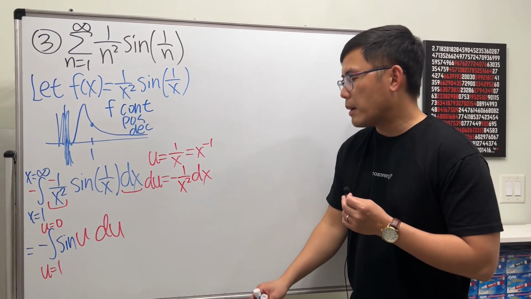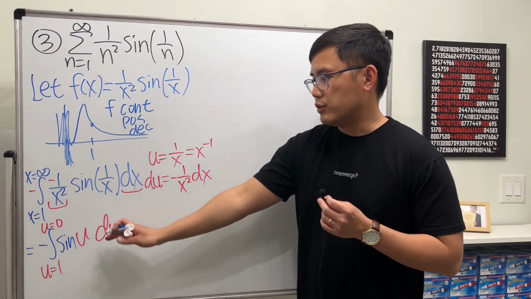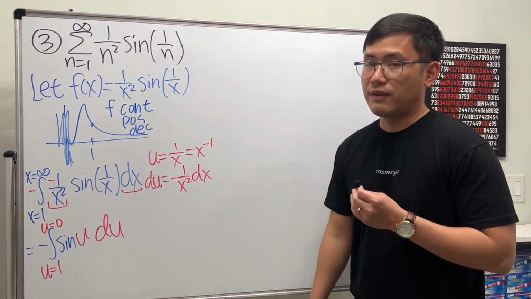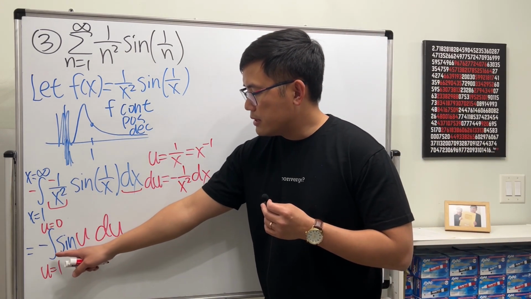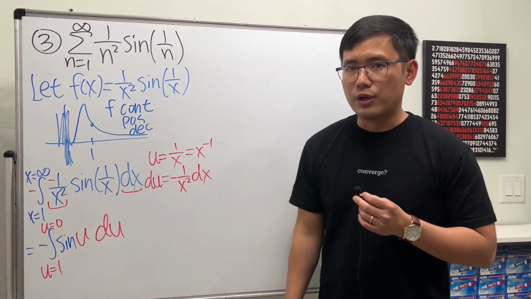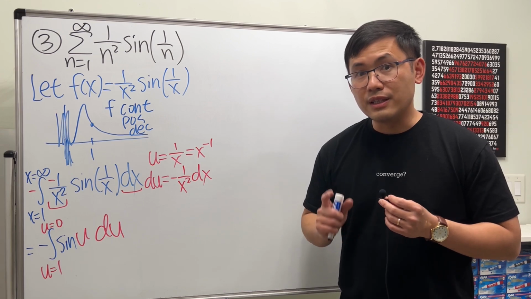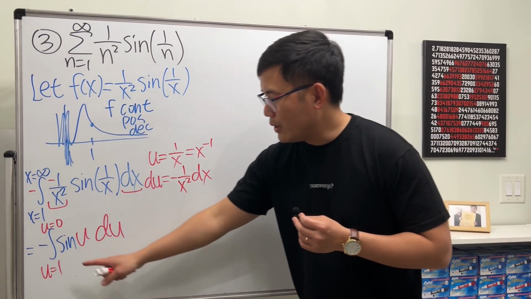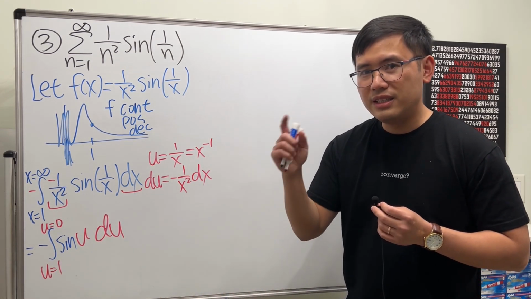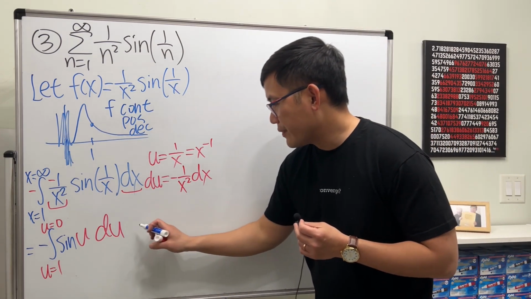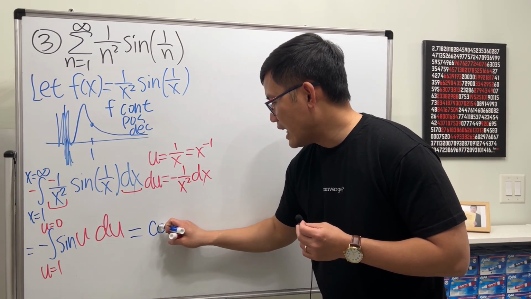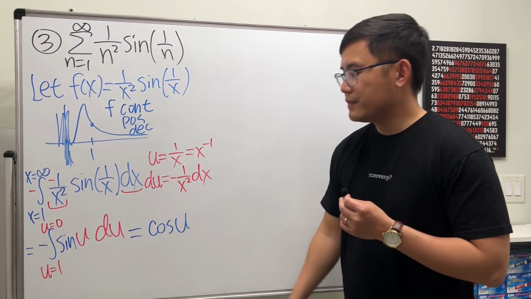That's one of the integral properties. But you can just finish this as how it is, that's fine too. Now, what's the integral of sine u in the u world? The answer for that is negative cosine. And we have a negative here. So negative negative gives us positive. So we get cosine of u.